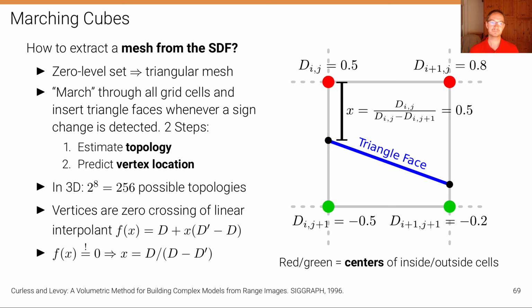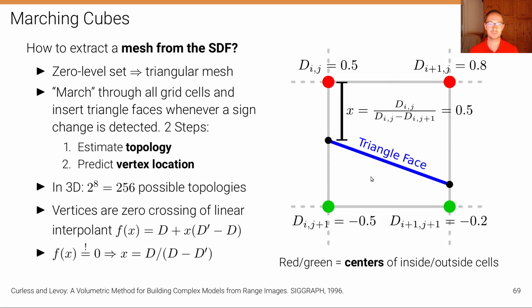In 2D, there are 4 of these voxel centers. These dots correspond to the dual grid; this corresponds to the voxel centers from the volumetric fusion grid before, at which we have estimated the signed distance values. If we have 4, then we would have 2 to the power of 4 possible topologies in 2D.